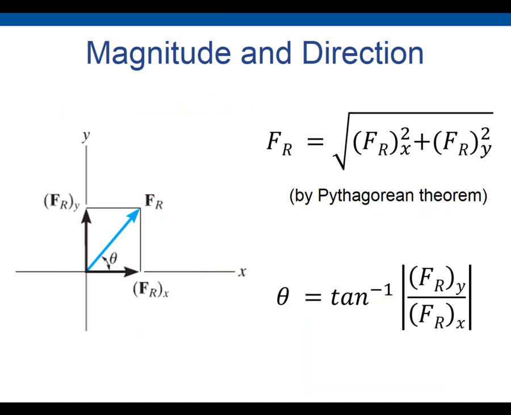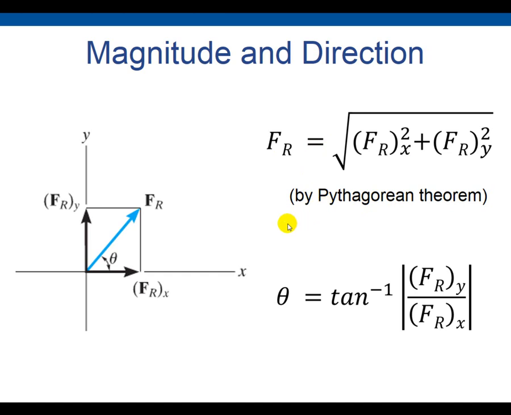The magnitude and the direction of the resultant force can be calculated based on the Pythagorean theorem and arctangent respectively. So this is the magnitude of the resultant force and this is the direction of the resultant force. I guess every one of you has heard about the Pythagorean theorem.